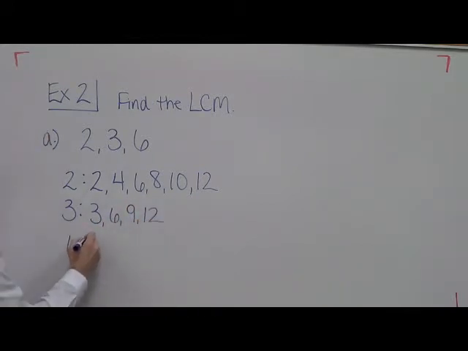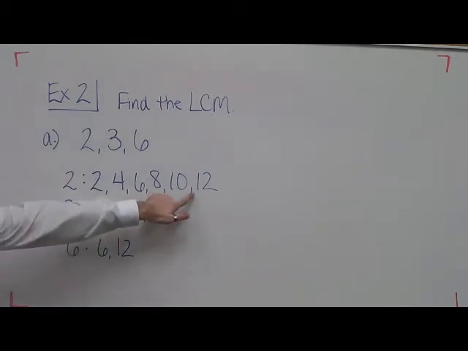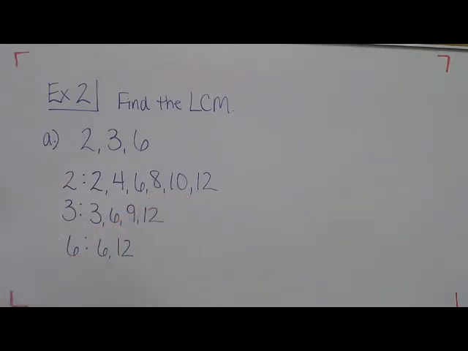And then with 6, 6 times 1 is 6, then 12. So notice there are multiple multiples. 2, 3, and 6 all have 6 and 12 in common. But the one that we want is 6, because it's the least common multiple.